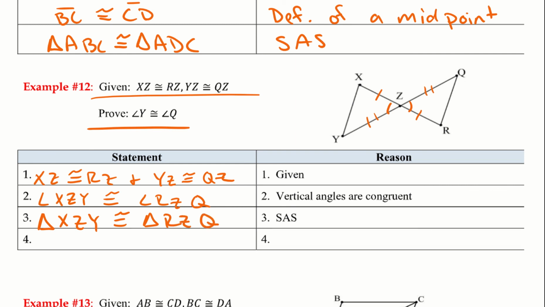Now I have the triangles proved. How am I going to prove Y and Q? Last class we talked about CPCTC, which is corresponding parts of congruent triangles are congruent. We have just proved that the triangles are congruent, so all of their corresponding parts also have to be congruent.